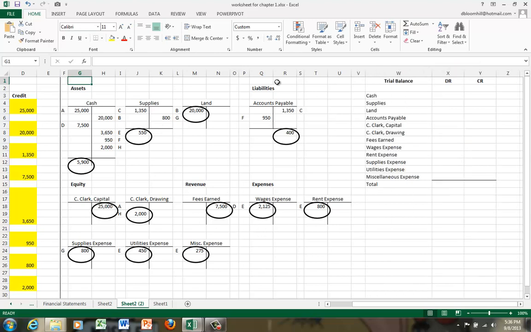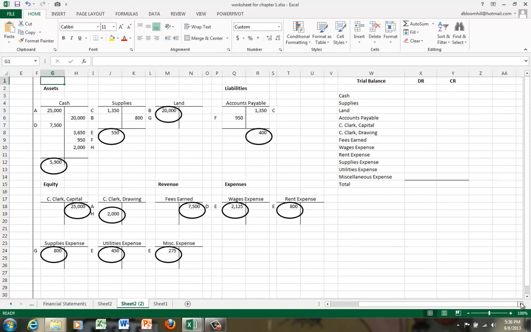Right over here, all of these T's represent our general ledger. All of the accounts in the general ledger that have a non-zero balance, and we just put in their ending balances. So we don't care about all the cash payments and cash receipts. We only care that we end up with $5,900 of cash.